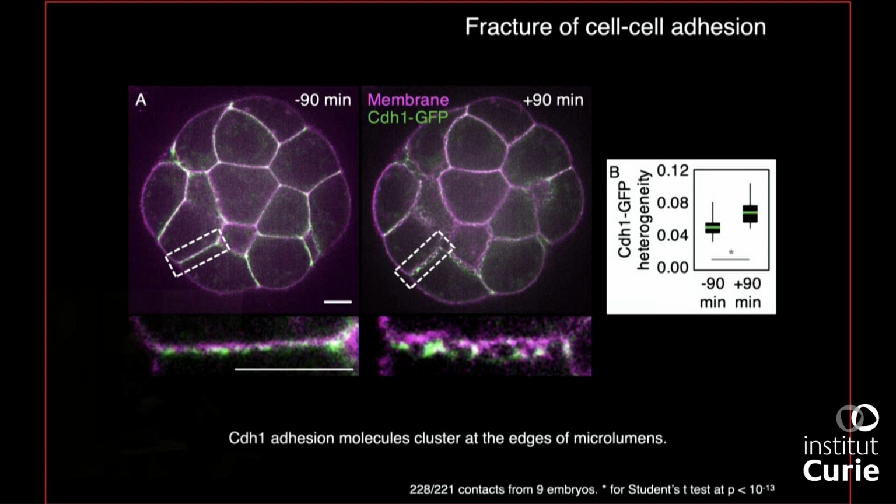Now the question is, is this reorganization of E-cadherin something which is happening because of the fluid accumulation, or would it have happened anyway? Is the fluid accumulating because E-cadherin is leaving a weak spot, or is it the fluid which is pushing away the E-cadherin? And so we block the fluid accumulation, and we see whether E-cadherin is relocalized or not.